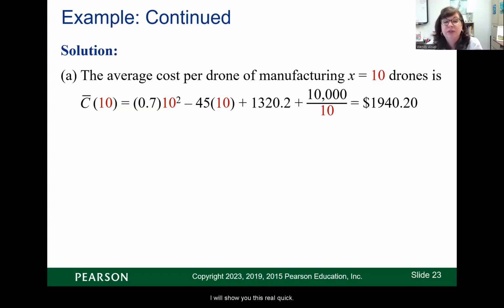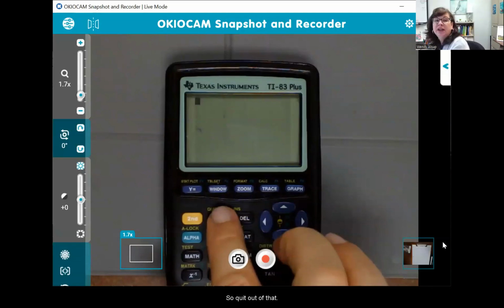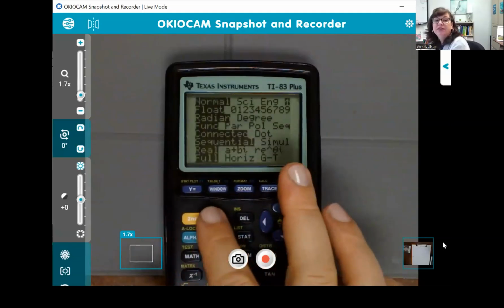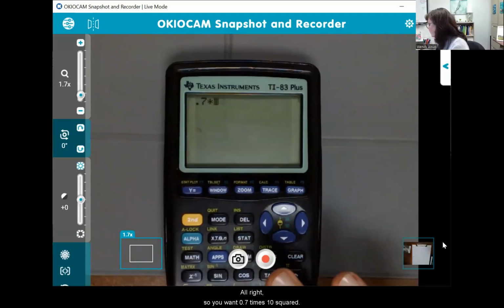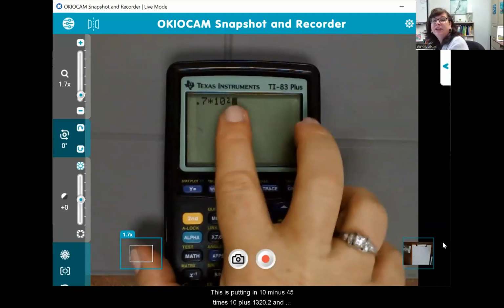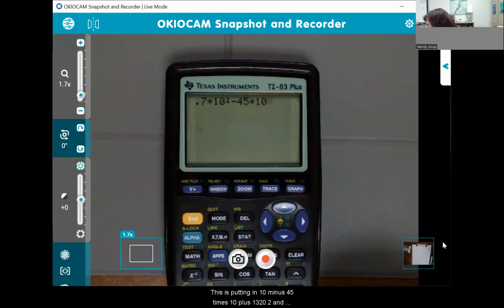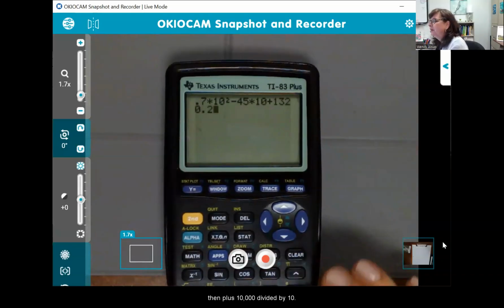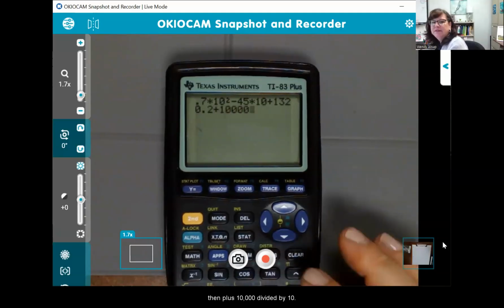I will show you this real quick. Let me just show you how you put that in all in one. So quit out of that. All right, so you want 0.7 times 10 squared, this is putting in 10, minus 45 times 10 plus 1,320.2 and then plus 10,000 divided by 10.